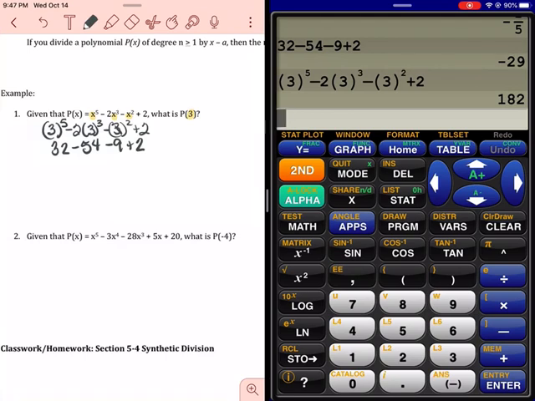See, I did make mistakes. Oh, yeah, 327, that's negative 54. Guess I just did bad math somewhere.